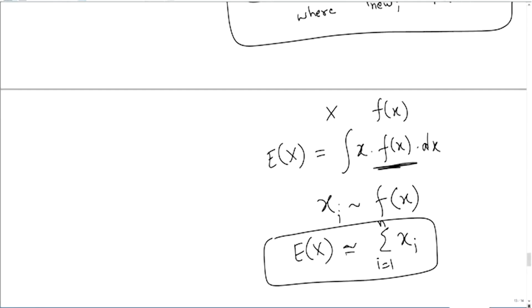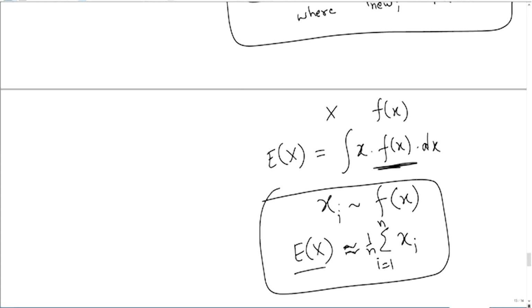So let me write it like this. This will give me the approximate expected value of the random variable. But there is a condition that this n should be very large, right? As the number of samples from this distribution increases, the approximation becomes more exact. So the expected value E of x of a random variable can be approximated like this.